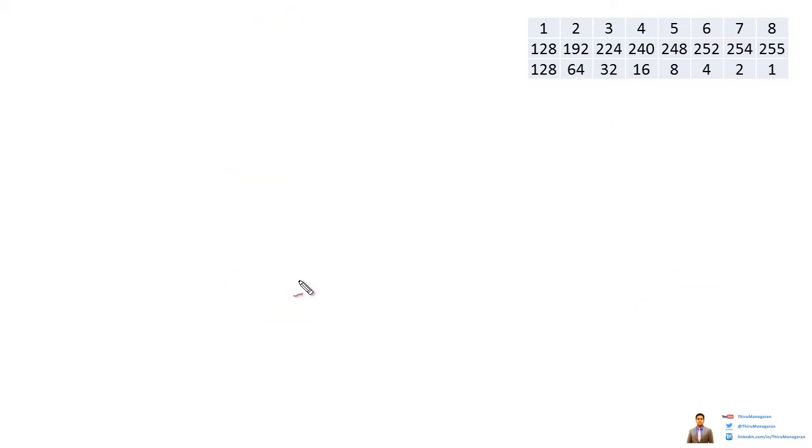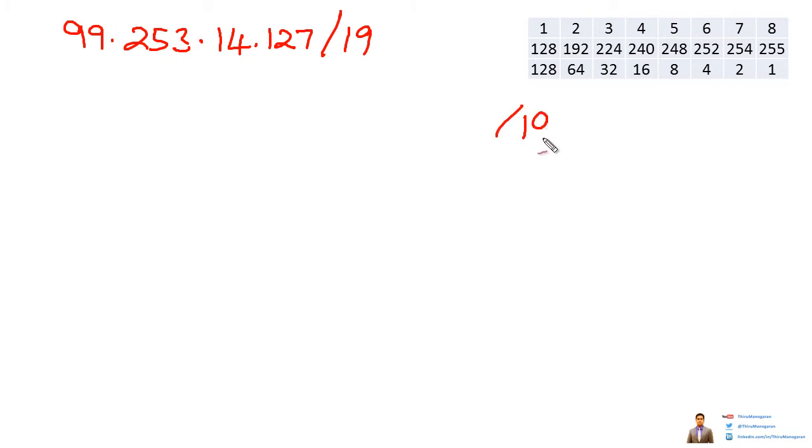So let's do another one. This one is 99.253.14.127/19. When I say a 19-bit mask, we're looking at 8 plus 8 plus 3 plus 0, so 19.